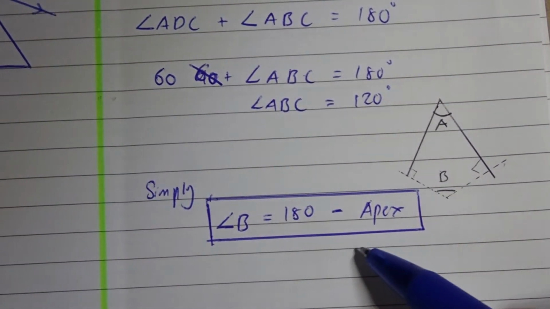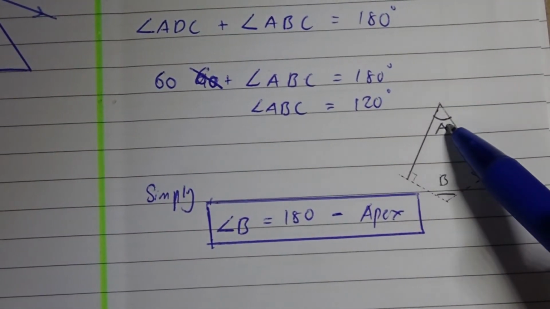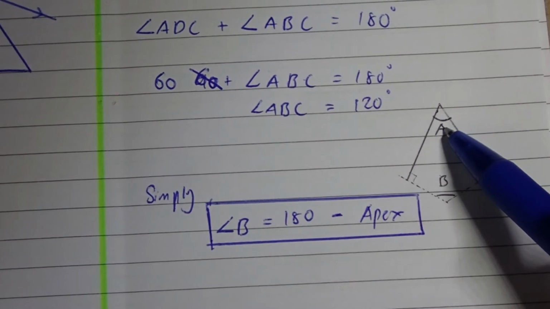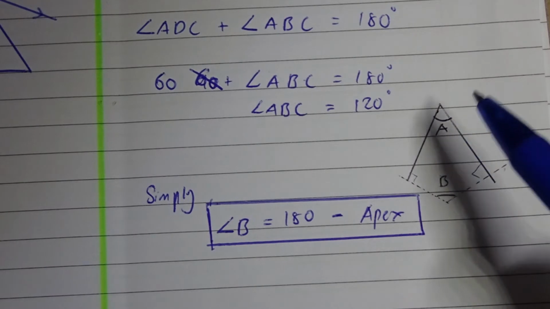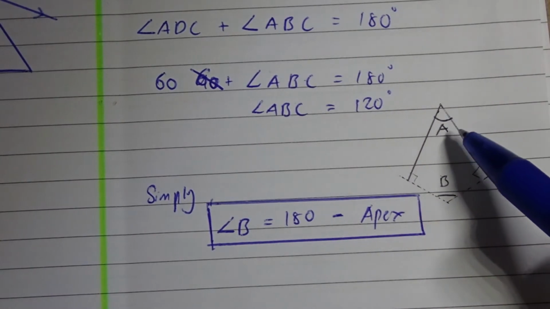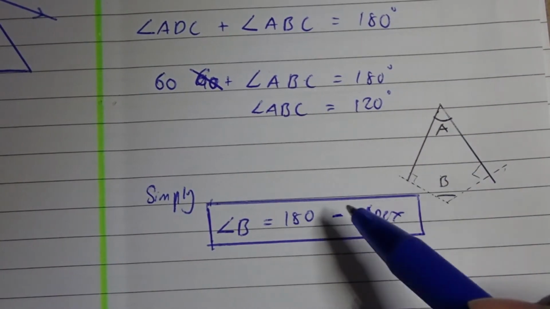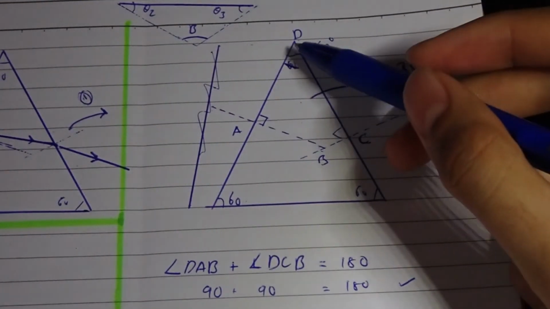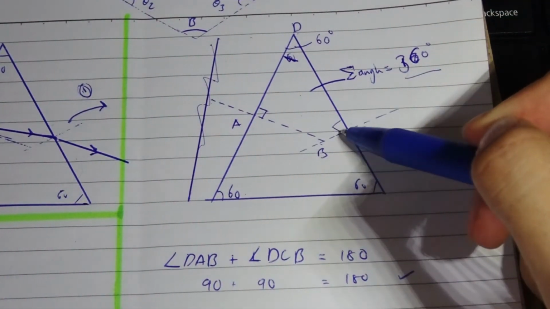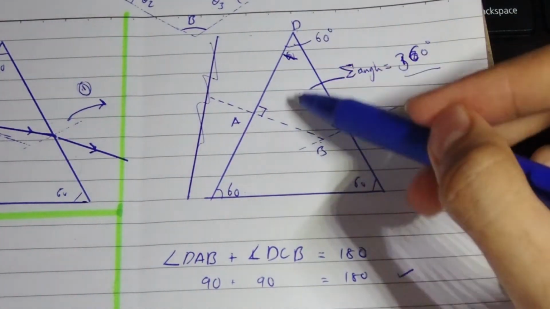Now we know that the apex angle, the sum of A and B, is equal to 180 degree. Why? Let's take a look why. Here we have a polygon with 4 sides.